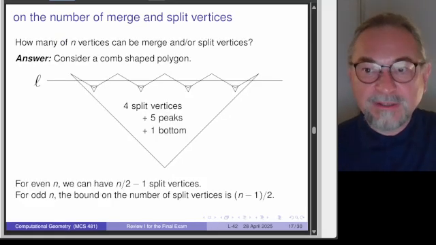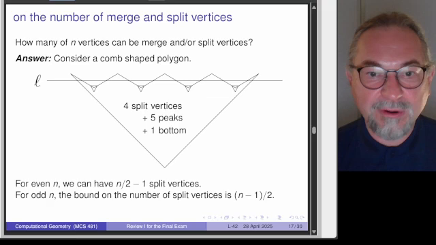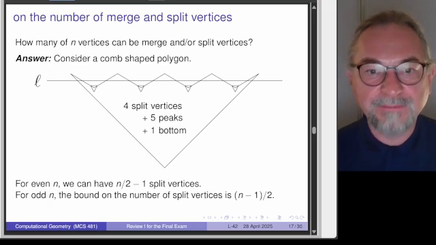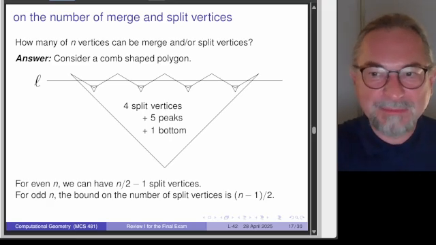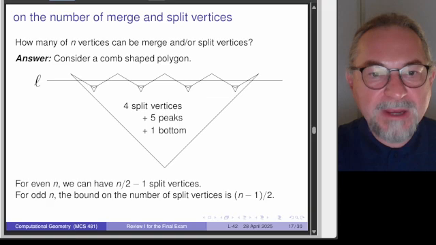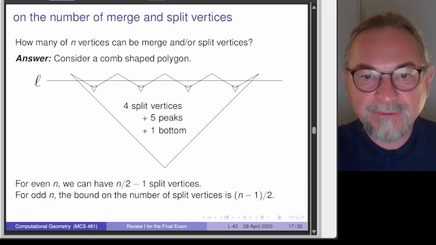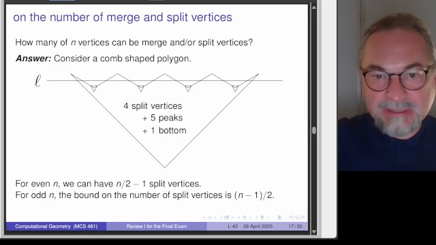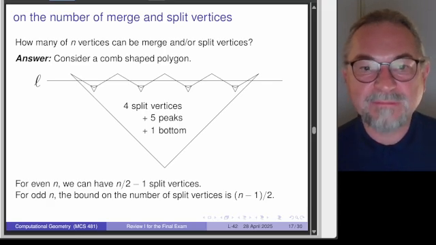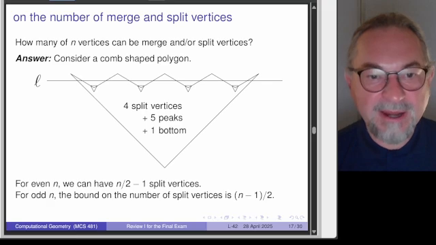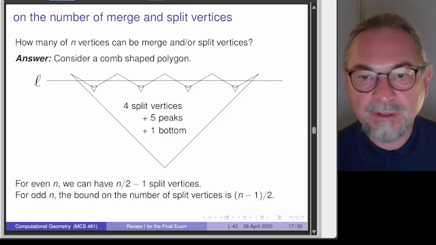Okay, the answer is a picture. You consider a comb-shaped polygon. It's a strange comb, but I was working from the pictures from the proof. So here I have 4 split vertices. You can see that if the line intersects this comb, we have many line segments, 1, 2, 3, 4, 5.